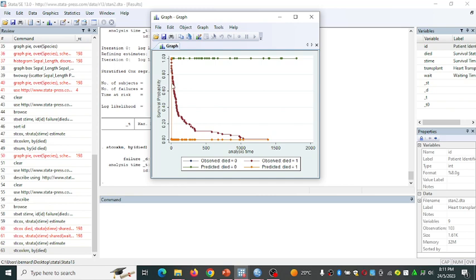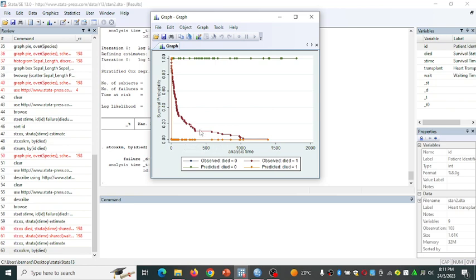These are the observed death. I want you to check on the accuracy of our curve. Observed died, the dead ones, are on this part. But I want you to check on the observed died.